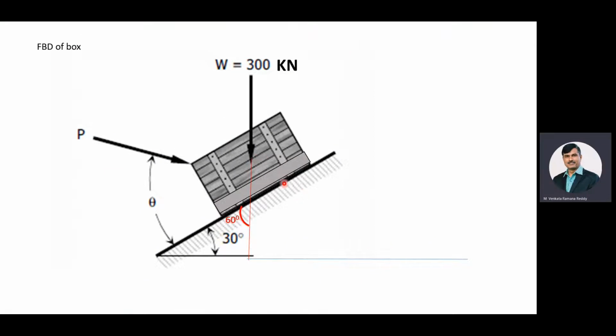Here, as you know, the weight of the box always acts vertically down, and the inclination with the horizontal is 30 degrees. P is the applied force which makes an angle theta degrees with the incline. As you know, the normal reaction is always perpendicular to the surface, so N is acting 90 degrees to this incline.